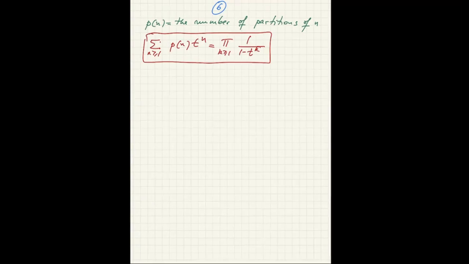Now it turns out that using the previous result, you can actually figure out what happens in this infinite product if I do a product of 1 minus t^k. In this case, you see each term has a sign.